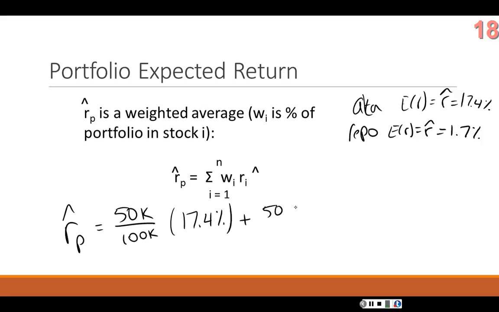Plus, we have a second investment, and we have $50,000 of our $100,000 portfolio invested in RepoMin, which has an expected return of 1.7%. And this gives us an expected portfolio return of 9.6%. So when we combine these two assets together, we expect to earn 9.6%.